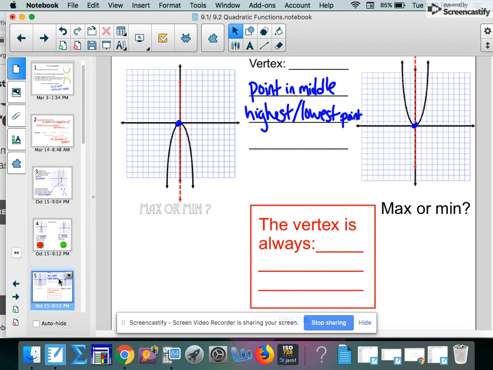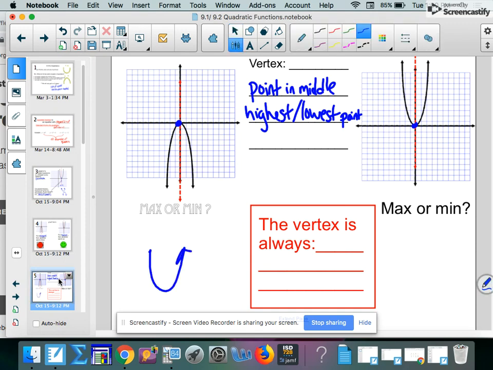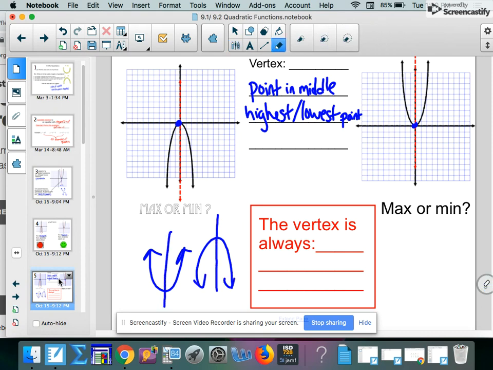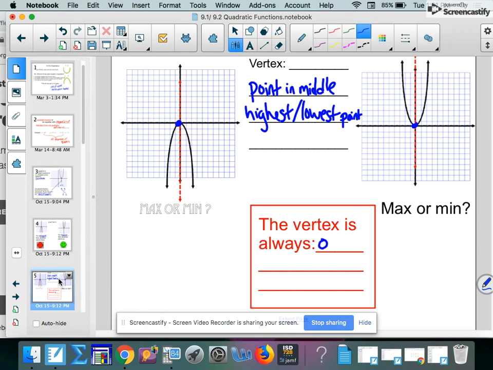The vertex is always, if you think about any U-shape, if you cut it in half, the axis of symmetry is always going to go through the vertex. So the vertex is always on the axis of symmetry.